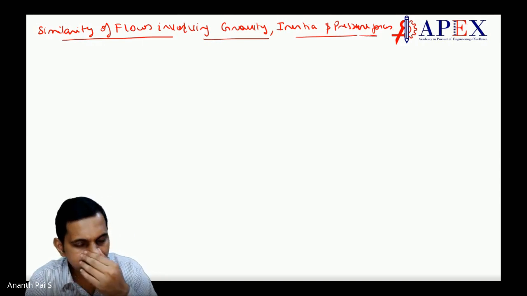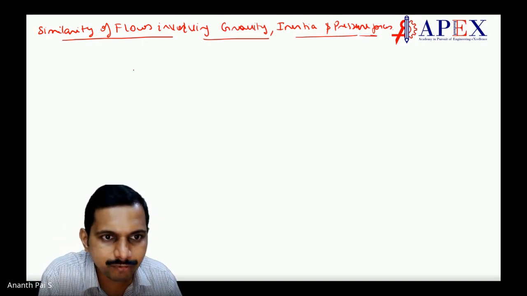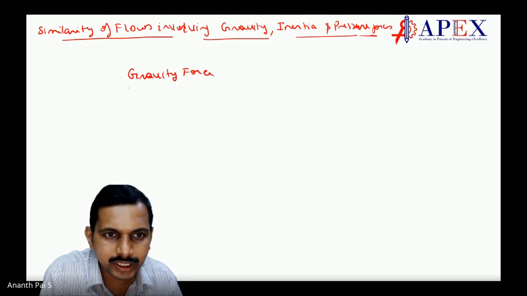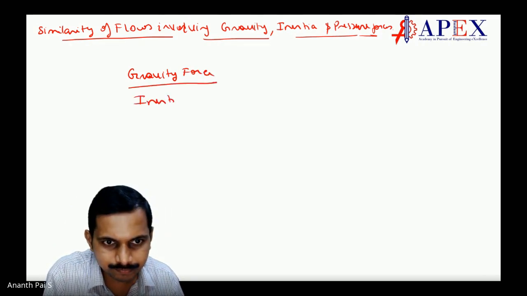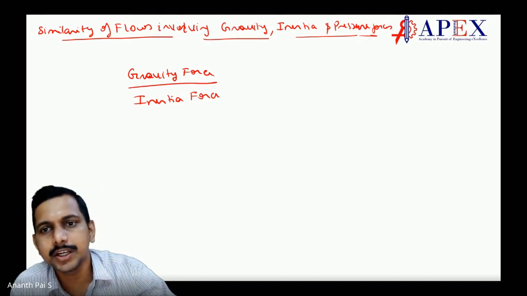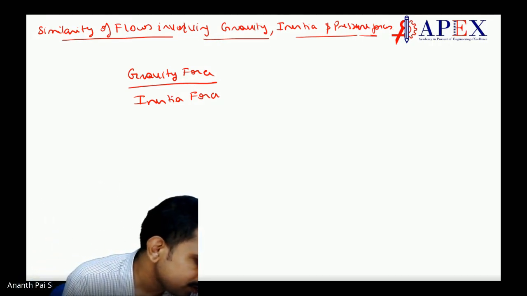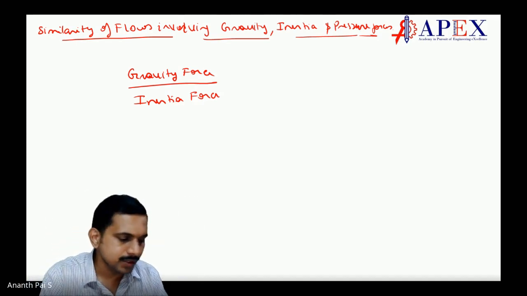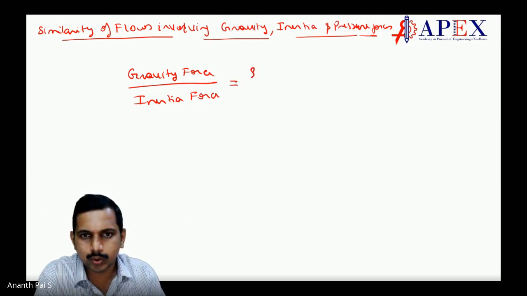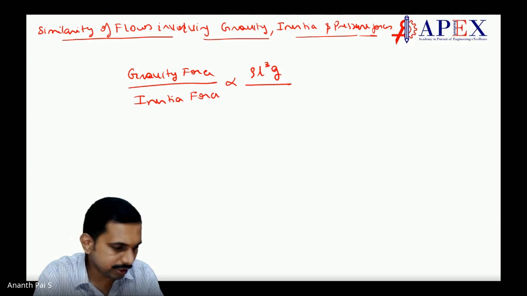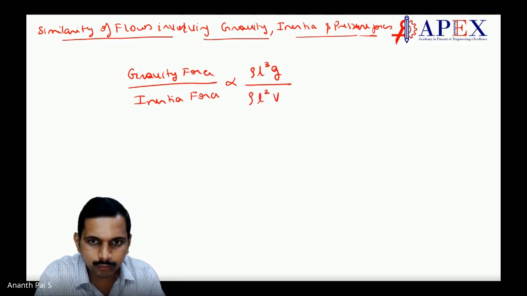Generally we take the gravity force divided by the inertia force, and the other one is the Euler number. So the gravity force is proportional to rho L cube into g, divided by rho L square into V square, which is the inertia force.